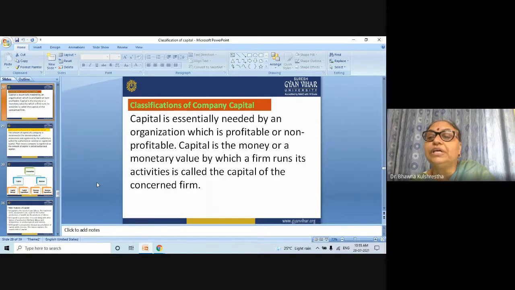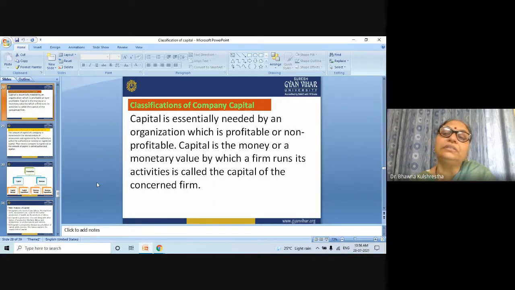By nature and by law, we can classify company capital in various classes. The classifications of company capital are given below.